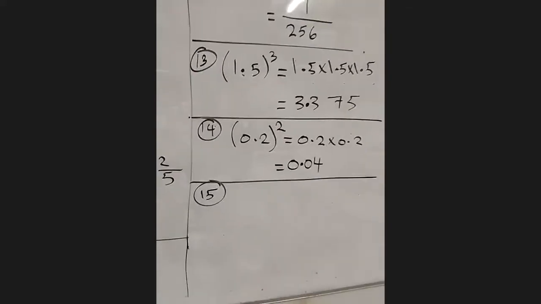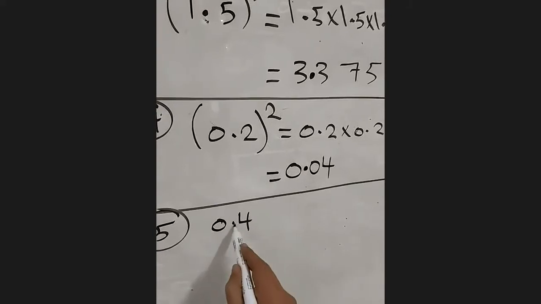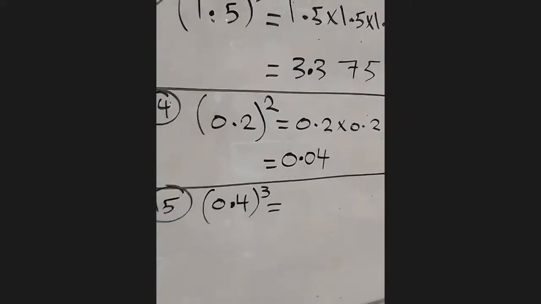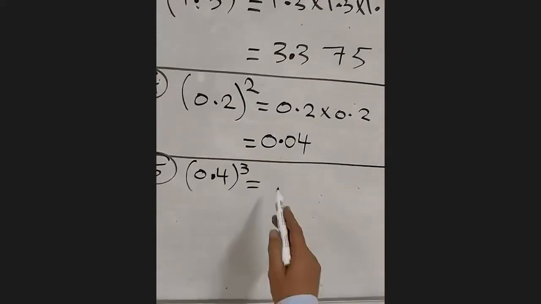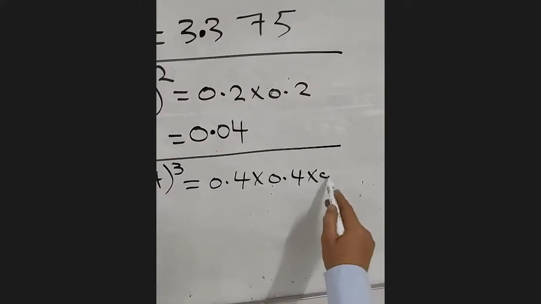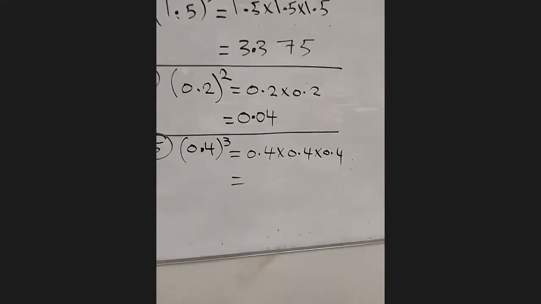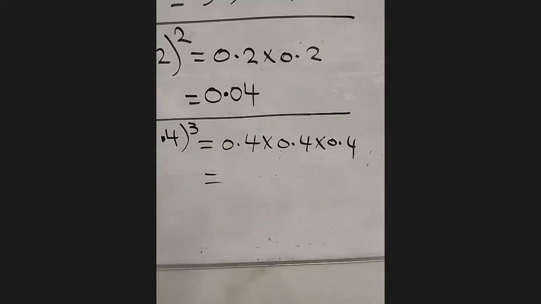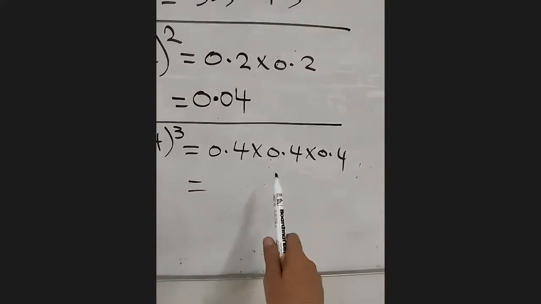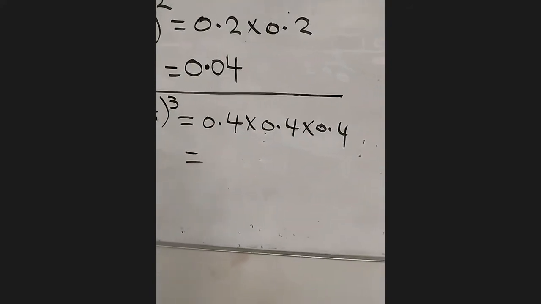What we have? 0.4 to the power of 3. Help me here. 0.4 multiply 0.4 multiply 0.4. Then what will we multiply? 4 multiply 4 multiply 4, right? 4 times 4 is 16, times 4 is 64.